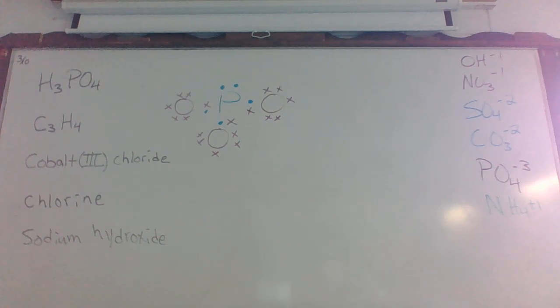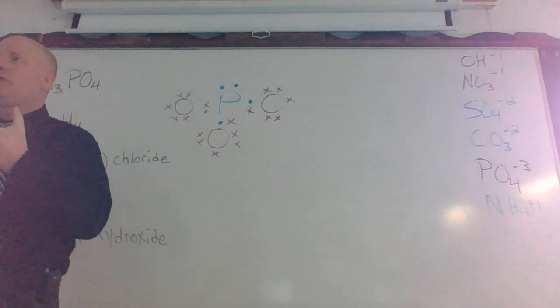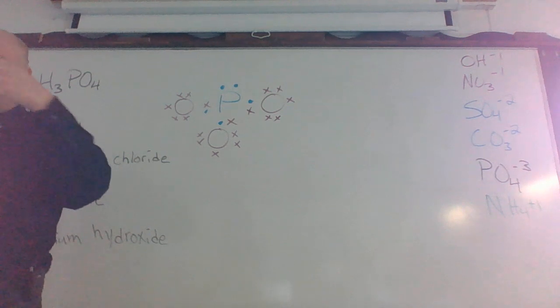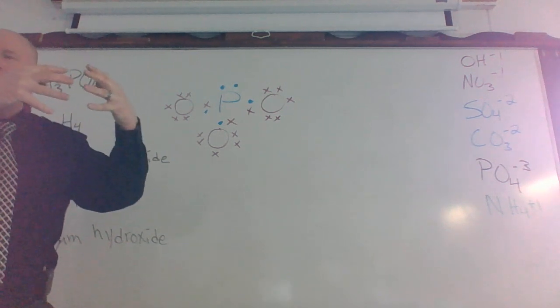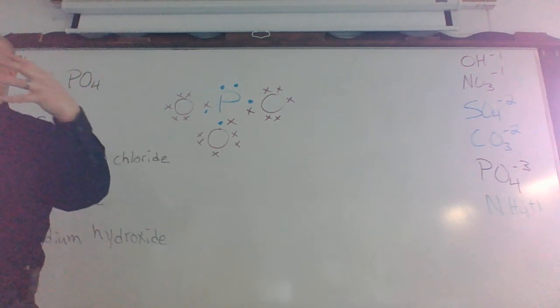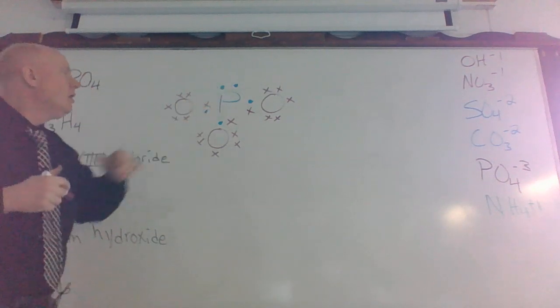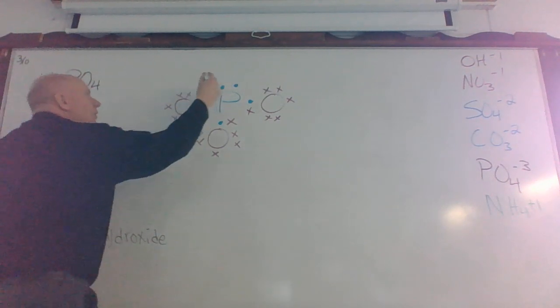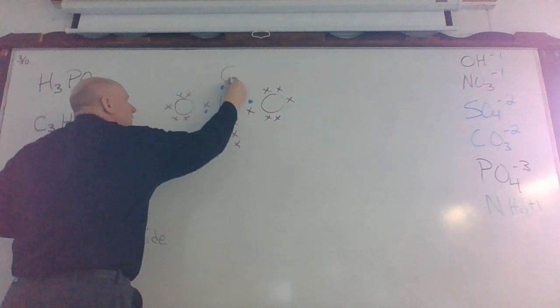This is going to be what we call a coordinate covalent bond. Okay, when covalent bonds are made, what are those electrons doing with one another? They're sharing. In this case, kind of going back and forth, kind of like playing ping pong with one another. So in this case, we can do this.